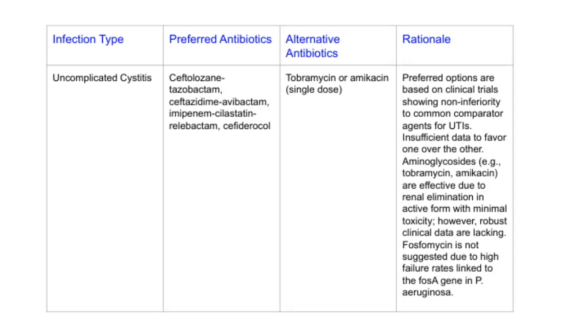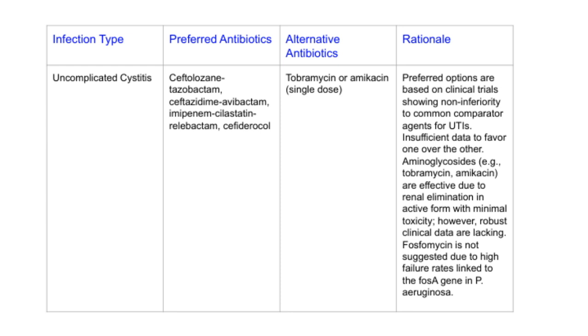Let's take a closer look at the table on this slide, which focuses on treating uncomplicated cystitis with antibiotics. The key point here is that the preferred antibiotics include some advanced options like ceftolozane tazobactam, ceftazidime-avibactam, imipenem cilastatin relebactam, and cefiderocol. These are chosen based on clinical trials demonstrating they are not inferior to the more traditional agents used for urinary tract infections.